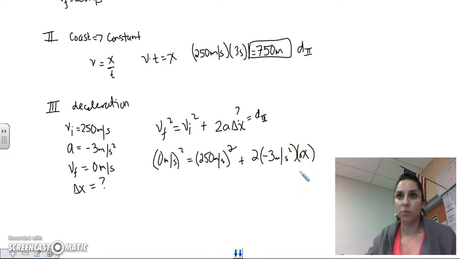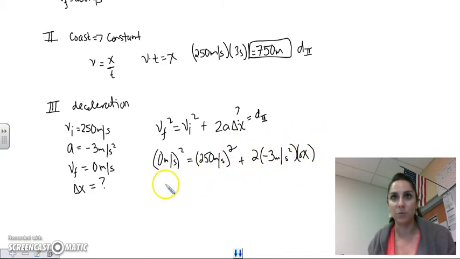I'm actually going to do the additional step. So this will be 0, of course, but I'm going to move this over, which becomes negative. So first I'm going to square the 250, and I get a large number. And then I have to subtract this out to get to this section. So what I get here, doing the math very quickly, I hope you're okay with that, is negative 625,000 equals 2 times negative 3, which is negative 6, delta x.